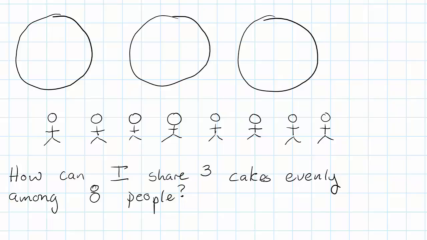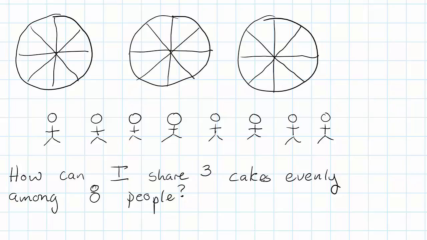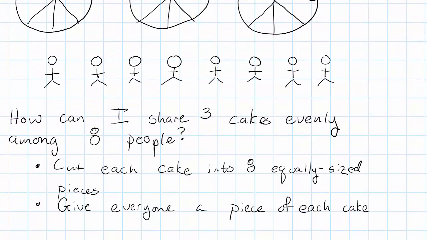And I think you already know what my solution's going to be, right? I'm going to cut my cakes up. And maybe there's a really clever way I can do this, but I know that this is going to work. I cut each cake into 8 equally sized pieces, and then I give everyone 3 pieces like that. Right, so that's my solution in the real world.